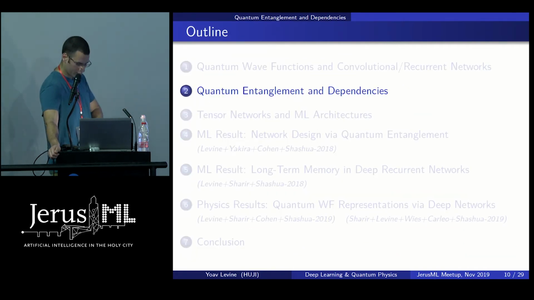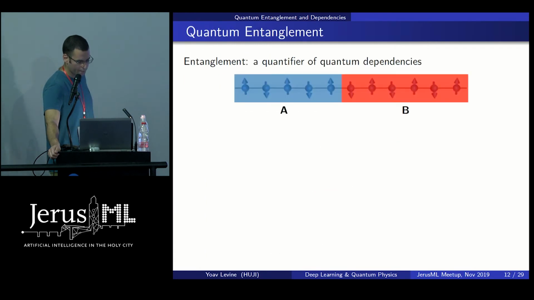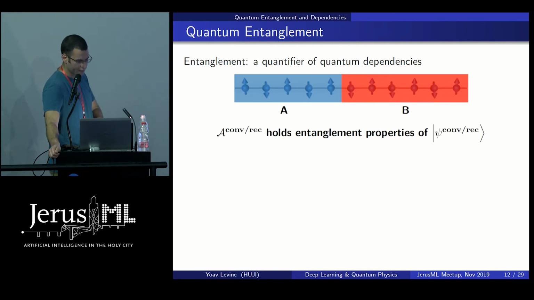The first is the notion of quantum entanglement. I won't go into definitions, but broadly speaking, entanglement between two subsets A and B of a system of n particles is the amount of quantum information that's stored inside of each subsystem with respect to the other. And this is a quantity that's fully specified by the wave function's coefficients tensor.